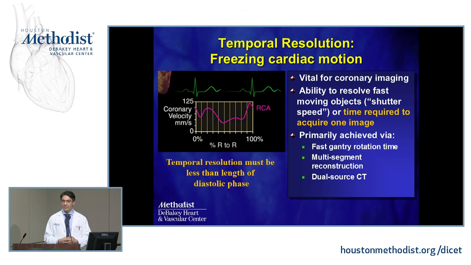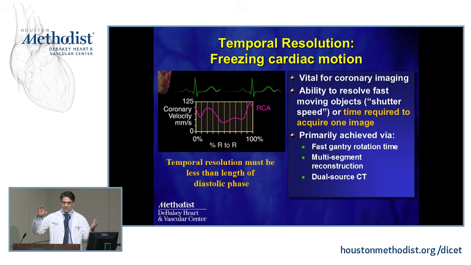But before we do, what are the primary components that predict temporal resolution? First is your gantry rotation time. Back in the days of the 64-slice scanner, and even now, in order to create an image you have to go around the patient 180 degrees. So how fast can you get to that 180 degrees? Previously, they were limited as to how fast they could spin this machine.